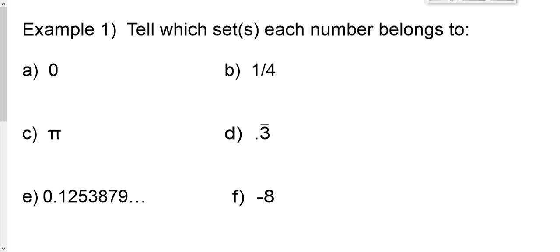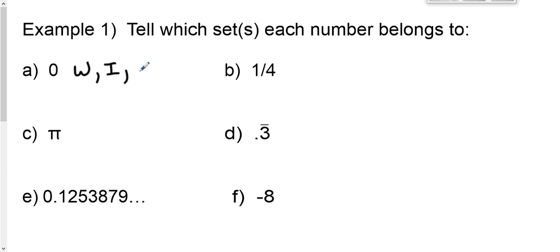Okay, so let's practice putting these different numbers in the sets in which they belong. Which set or sets does the number 0 belong to? Well, we know it doesn't belong to natural numbers because natural numbers start with 1. But 0 is a whole number. 0 is also an integer. Remember, integers are positive or negative whole numbers plus 0.